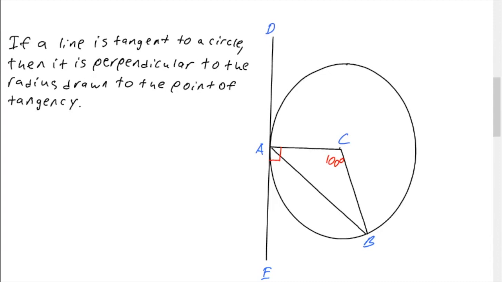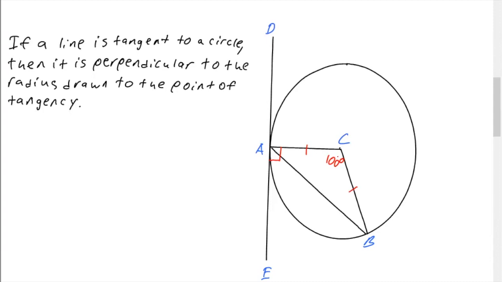So we can use that to find a few things. What we've learned previously is that if we know the central angle, well, we also know that CA and CB are both radii, so that means this is an isosceles triangle.